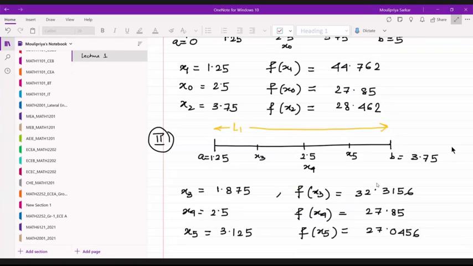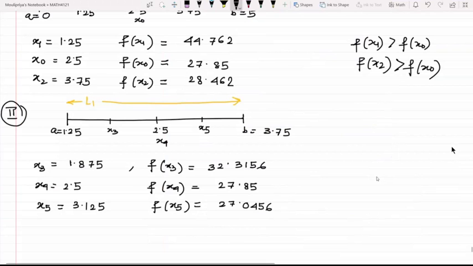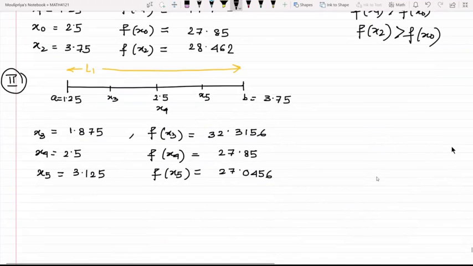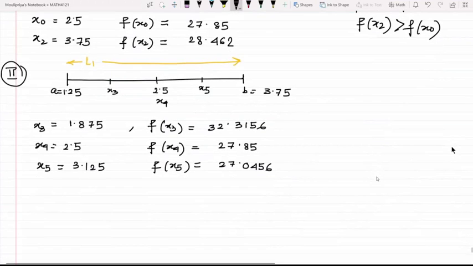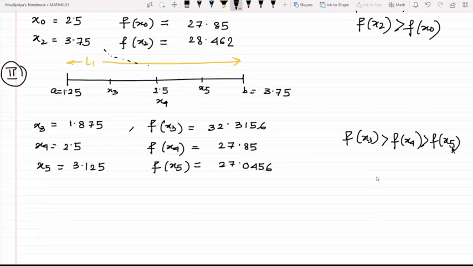Anyways, so if this be the case, we have f of x3 more than f of x4 more than f of x5. So the function is actually decreasing. The function is decreasing. So in the next step, we would be eliminating this region.